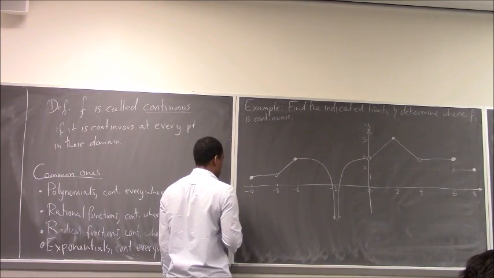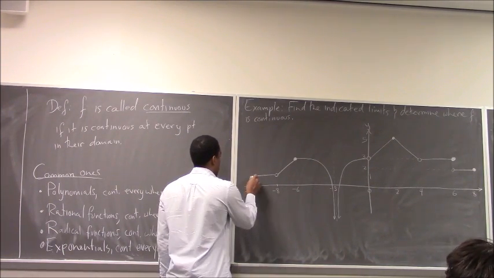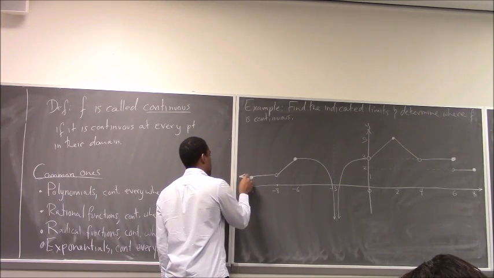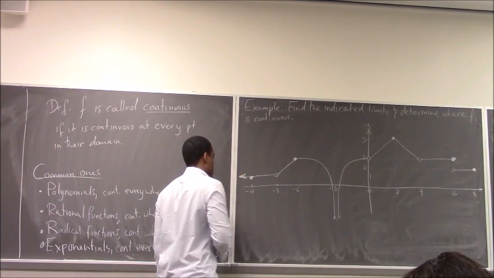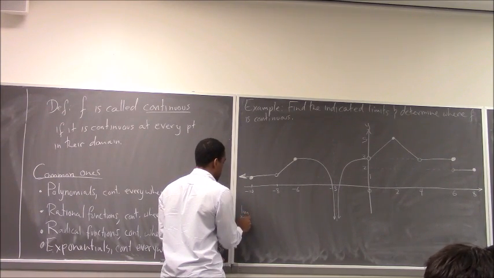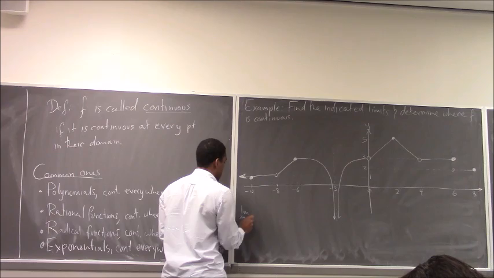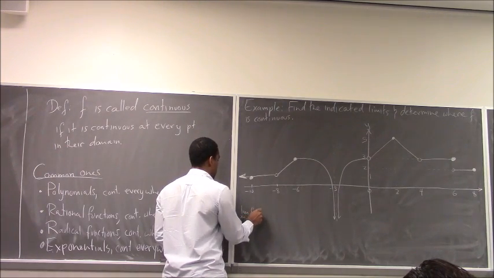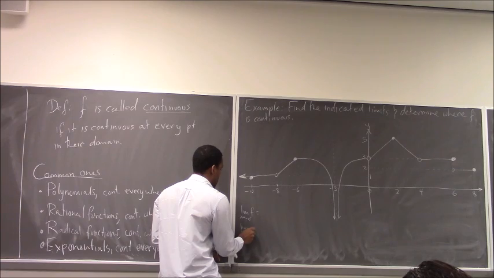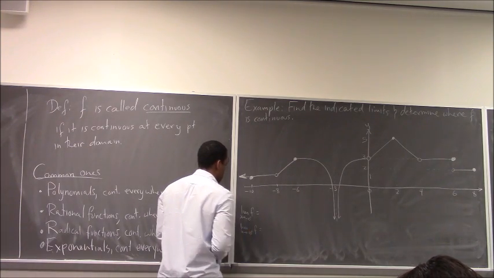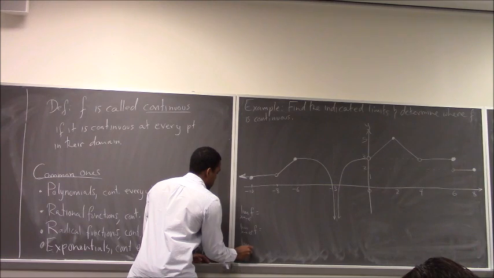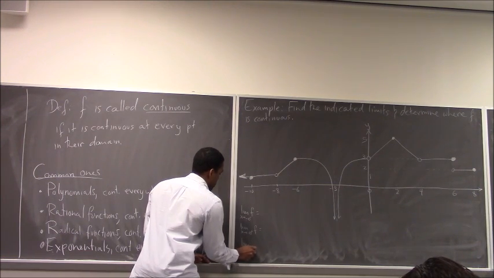So let's say we're going to do it at minus 10. Let's say this goes on forever like that. Okay. So here are the numbers. We're going to look at the limit as x approaches minus 10 from the left of your function. Limit as x approaches minus 10 from the right of your function. We're then going to talk about the limit as x approaches minus 10 of the function.